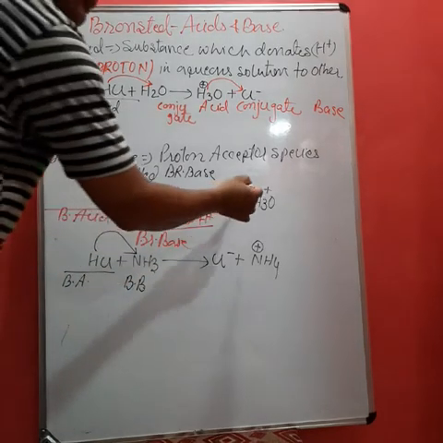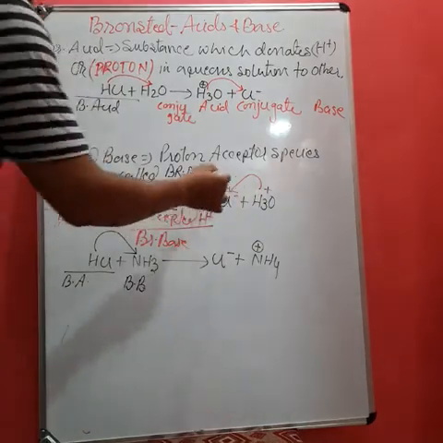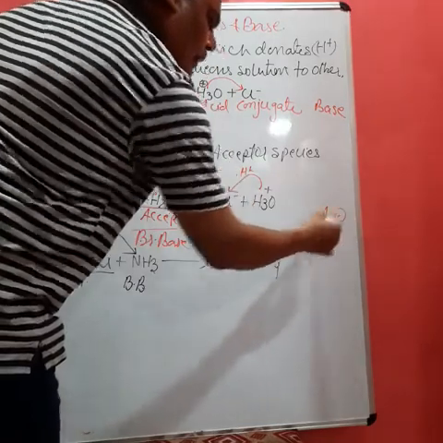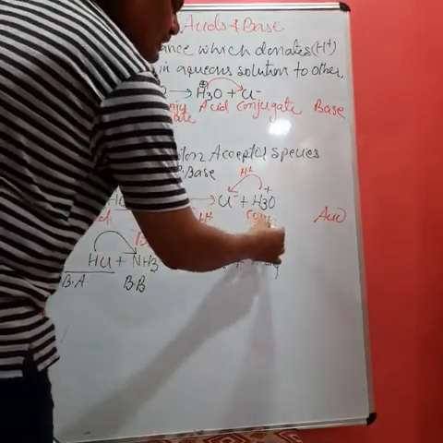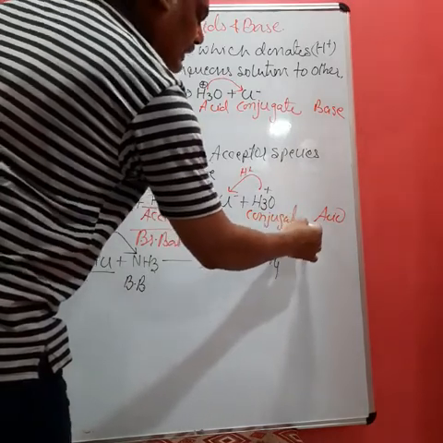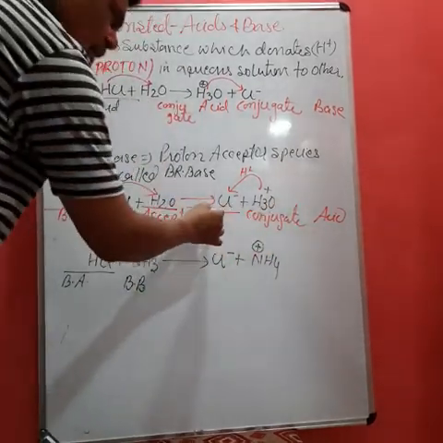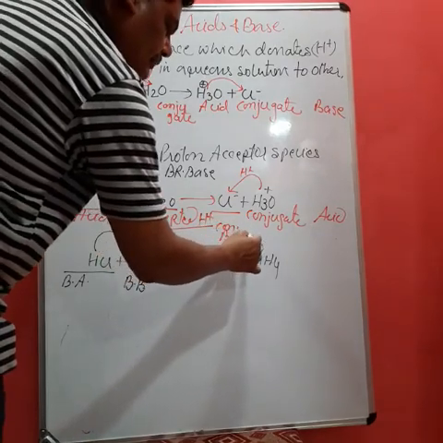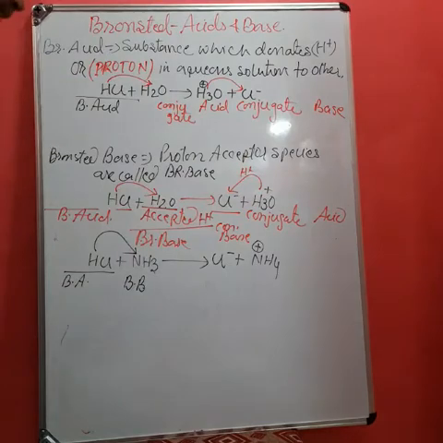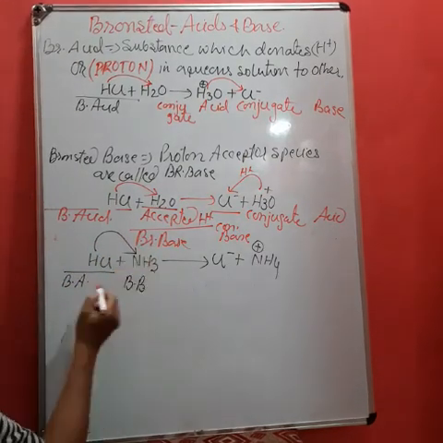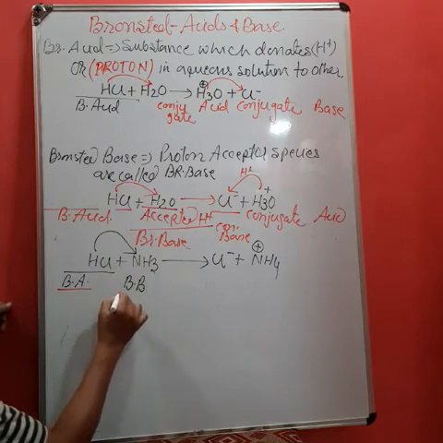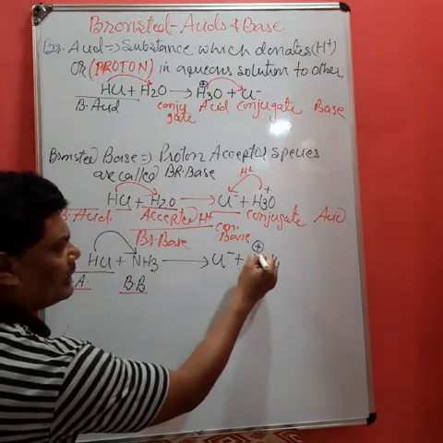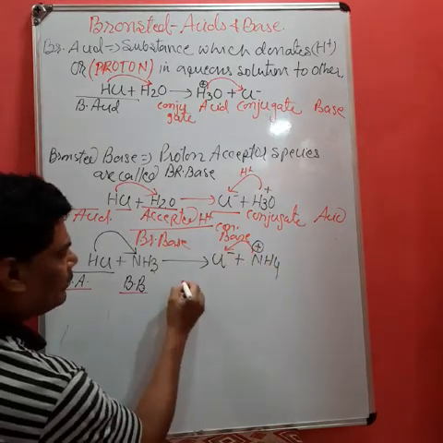In the similar reaction, H3O is donating its proton, therefore, being a donor, it is an acid. But which acid? This is called the conjugate acid, and the Cl anion accepted the proton, therefore this is called the conjugate base. Similarly, in this reaction we can find the reverse reaction also. This is the Bronsted acid, this is the Bronsted base.